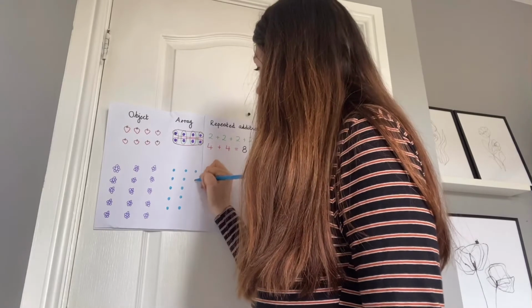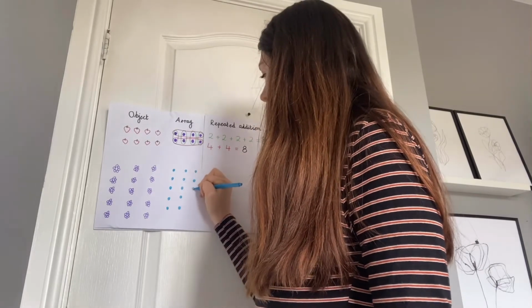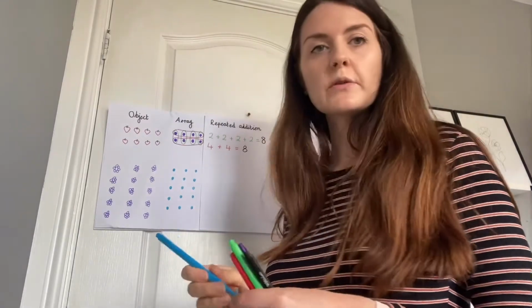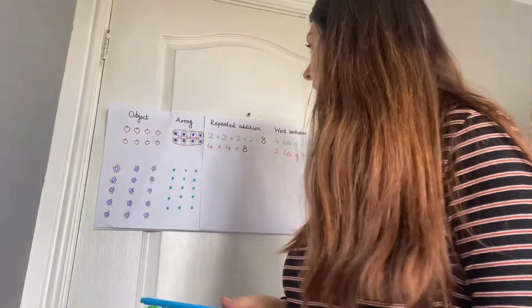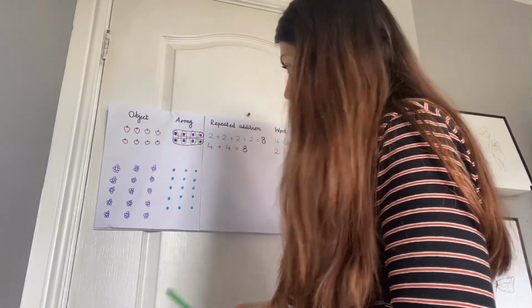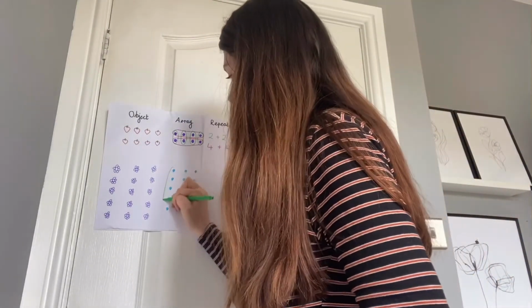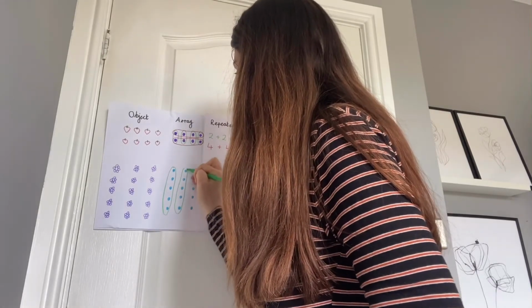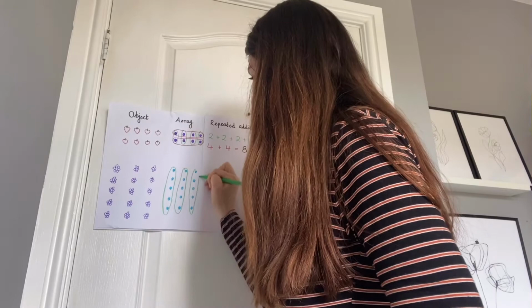And 1, 2, 3, 4, 5. And I'm going to show those groups by circling them. So 1 group of 5, 2 groups of 5, and 3 groups of 5.